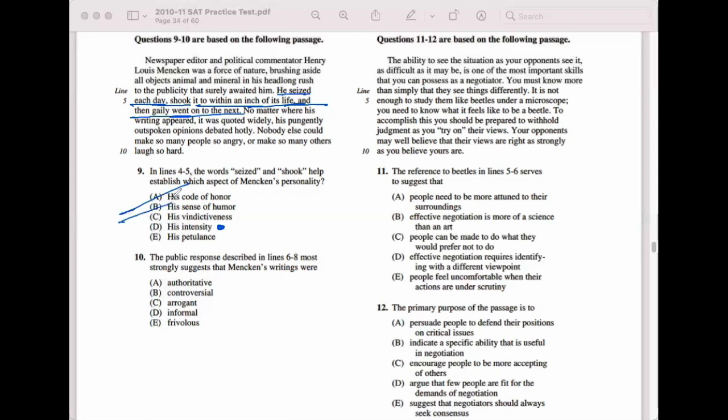So, okay, vindictiveness. Vindictiveness comes from the word vindictive, which means somebody who is prone to take revenge, somebody who is prone to go after another person whom he thinks has wronged him. So again, that is not what it is saying, right? He is a forceful writer. He is a writer who goes to great lengths to get a good topic, but he's not vindictive, right?